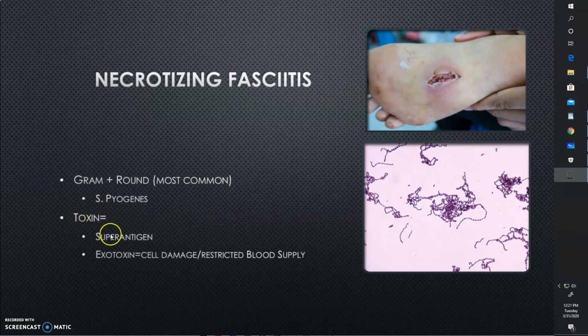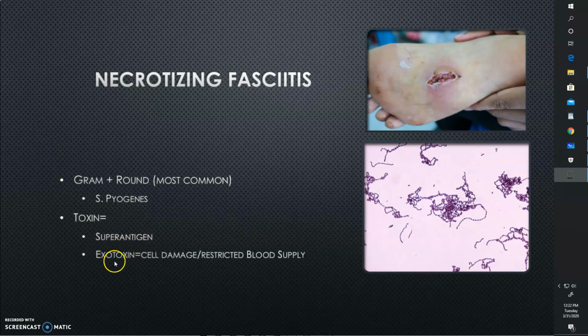It has a toxin that it produces, one's called the super antigen, and then it has a separate exotoxin, some of them that will also be active. The super antigen causes your immune system to overreact, releasing those cytokines, kind of like we're talking about with sepsis and toxic shock syndrome. And I'm going to deal with this again in the next bacterial disease.